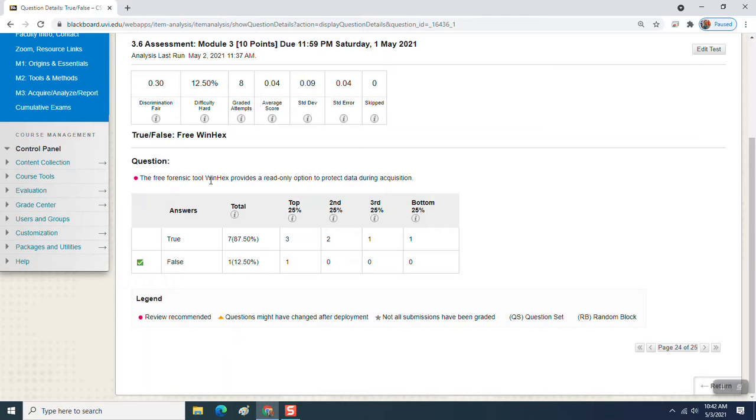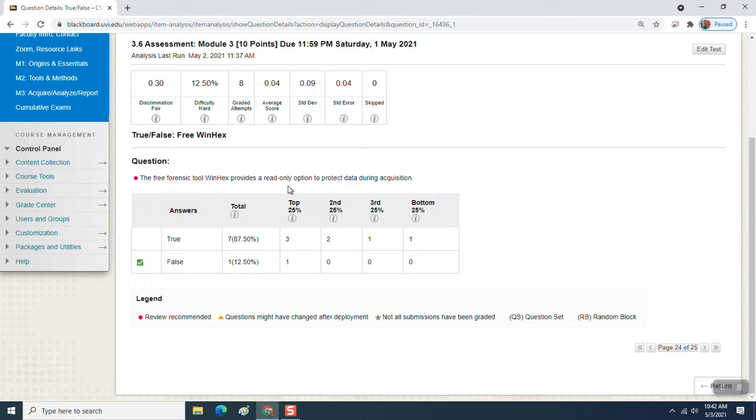Basically, they're not the best tools for data acquisition because their operation does not allow the examination of a data file where there's a read-only feature.